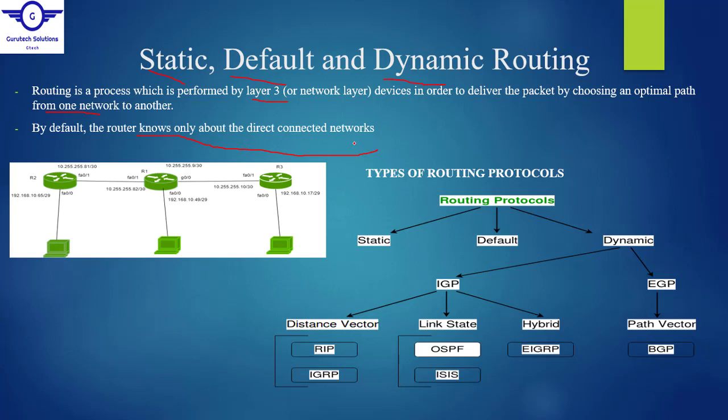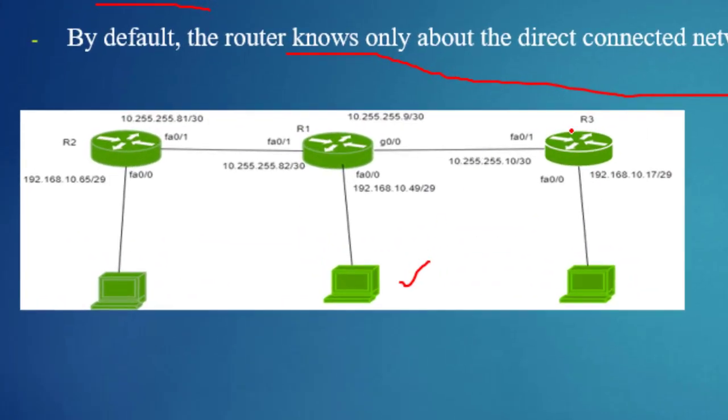For example, in the diagram below, router 3 here only knows this network and this one, the directly connected networks by default, right? So this network can communicate with this network even without us configuring routing protocols, because the router by default knows those directly connected networks.